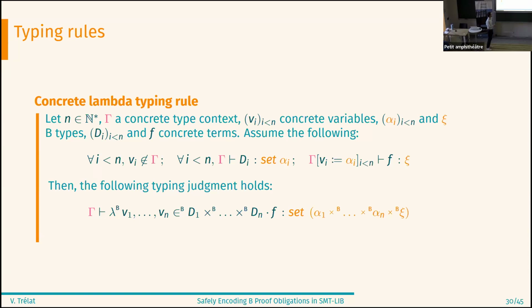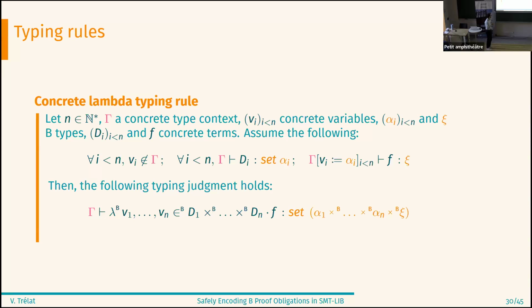What are the assumptions in order to prove, so to define, but actually to prove this? So that gamma times the lambda v1 to vn is in d1 times dn, such that f with the type. So again, this is the type of functional relation. So it's a set alpha1 times blah, blah, blah, times alpha n times psi. What are the assumptions for this? Well, first, the vi should be fresh, so not already in gamma.